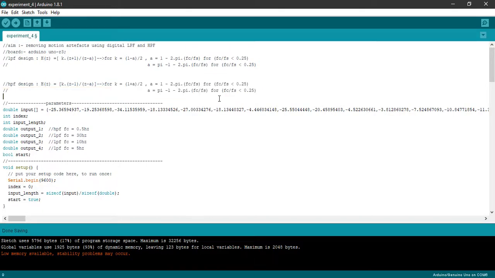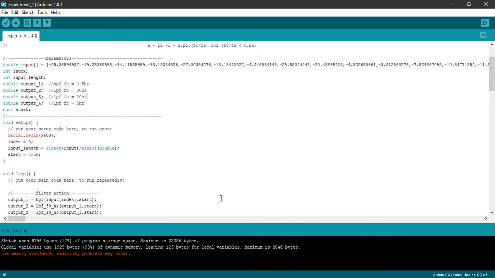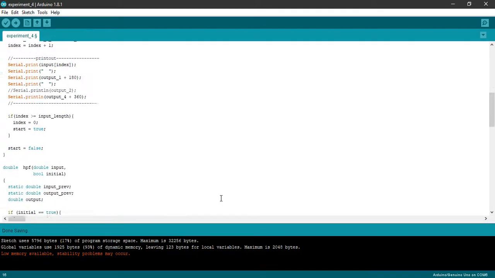So substituting fs as 100 Hz, which is our sampling rate for the data given here, and fc as 0.5 Hz for HPF, and for LPF substituting these 3 different values as mentioned here, we get different H of z designs, and then exploring them backwards or reverse engineering them, we can get our filter coefficients.